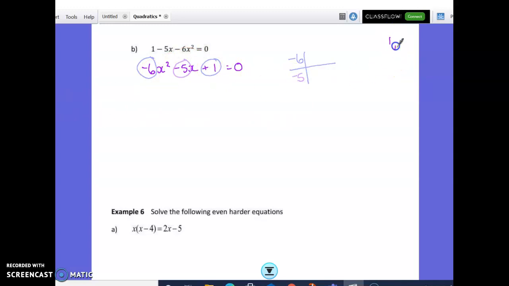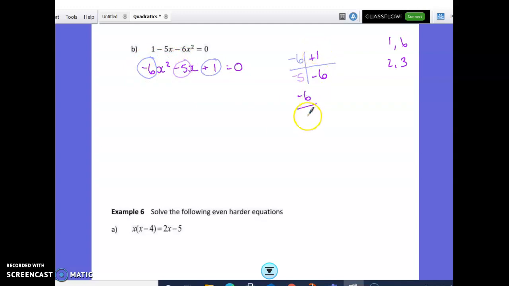So factors of 6, 1 and 6, 2 and 3, bit tricky this time. They'll both give me minus 5, but I want minus 6, so I need them to have different signs. Here I can do minus and minus to get 5, but I can't do plus and minus, so it must be 1 and 6. I want minus 5, so I want minus 6 plus 1. I need to check and see what cancels again, because in front of my x squared I've got minus 6.